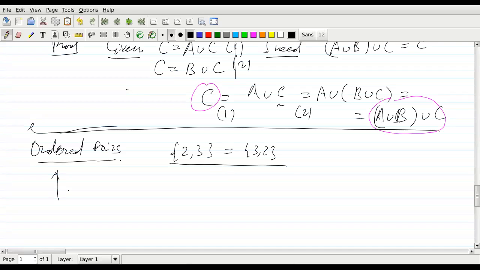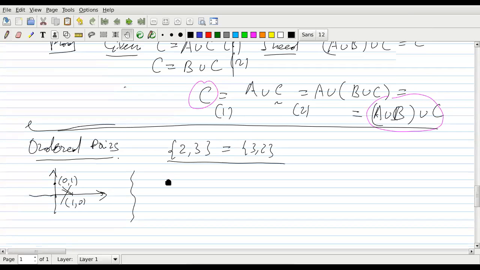For example, if you consider the coordinates on the plane, you know that 0, 1 and 1, 0 are distinct points. So how is it possible to model ordered pairs, ordered so-called tuples, that is pairs, triplets, and so on, using sets? Is it possible? In fact, it is.